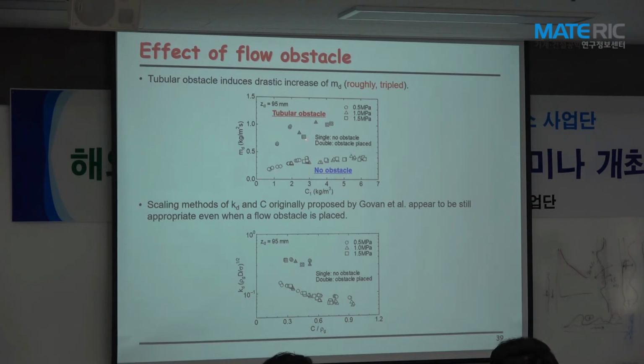And this one is where the obstacle is placed. As you can see, the deposition rate, for example if the concentration is 3, increases from about 0.3 to nearly unity. Therefore, a 2 or 3 times increase was measured.